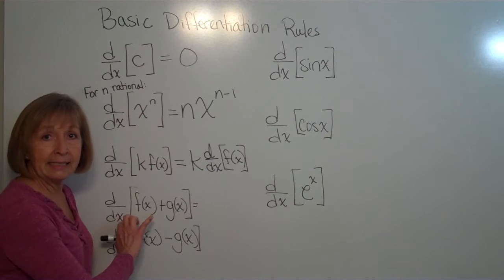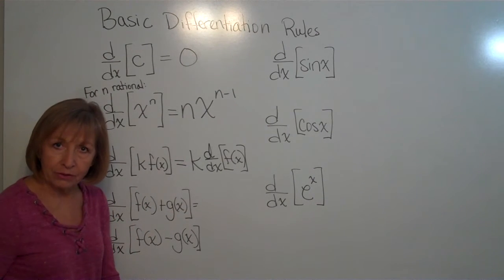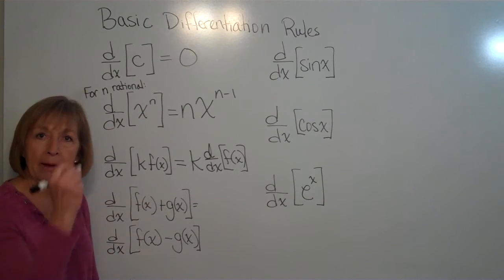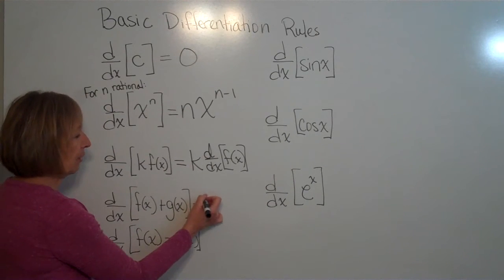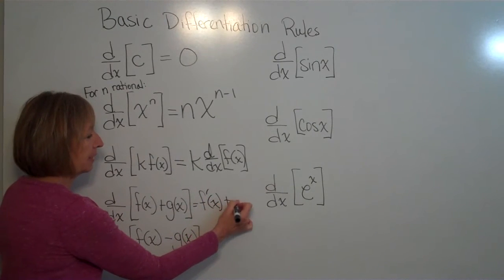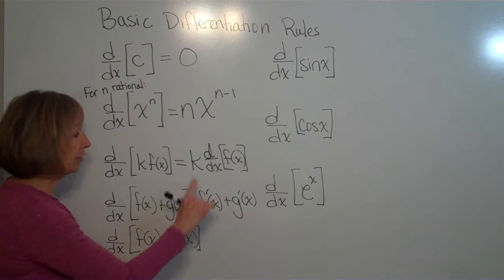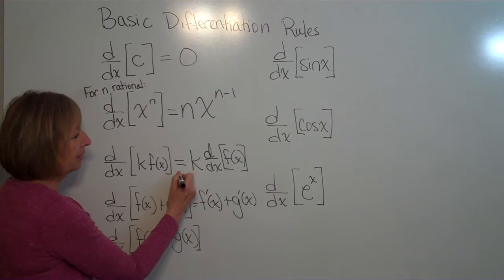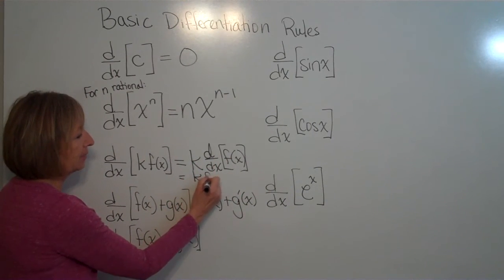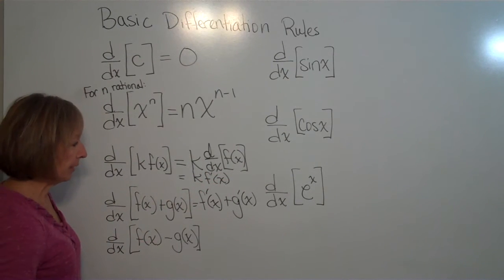So I could write d dx of f of x for the derivative notation, but another notation we've seen before is prime notation. So I could write this as f prime of x plus g prime of x. And I could have even written that up here. I could have written this one as k times f prime of x when looking at that property.